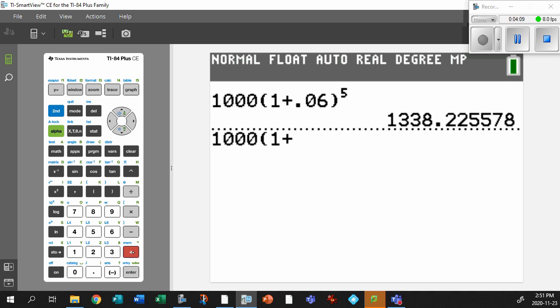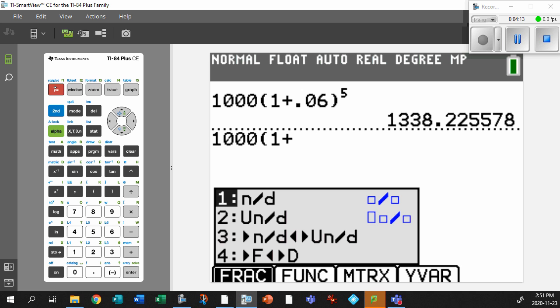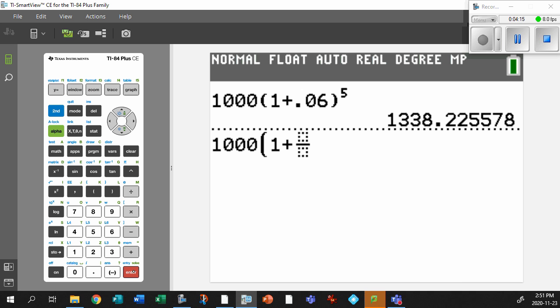Now you've got to put in that fraction. So I'm going to go second alpha. I'm going to put in the fraction here of 0.06. And I want to show that my interest rate there is, of course, compounded semi-annually. Okay? Oops, there we go. Put the bracket in the right spot.